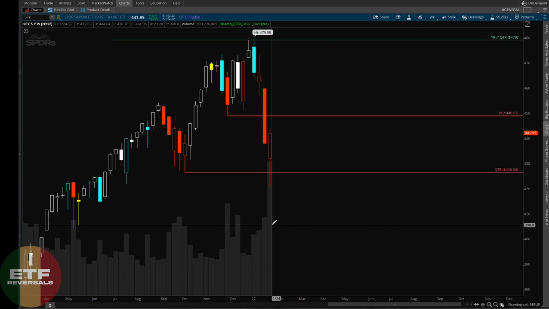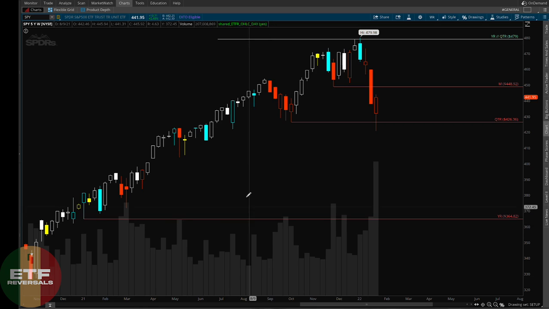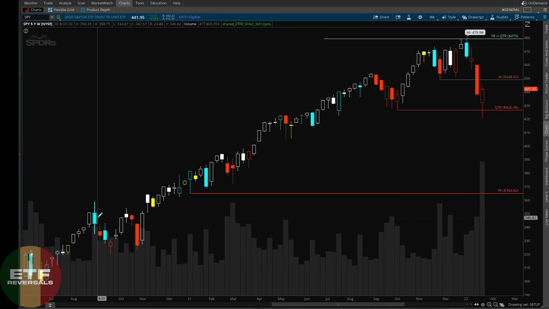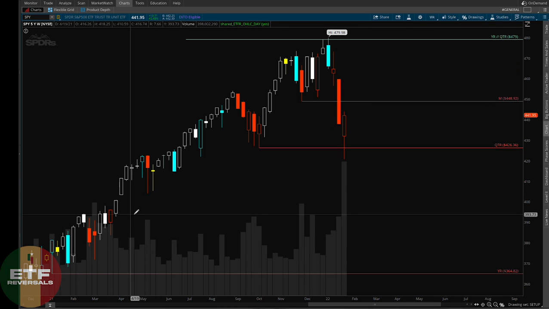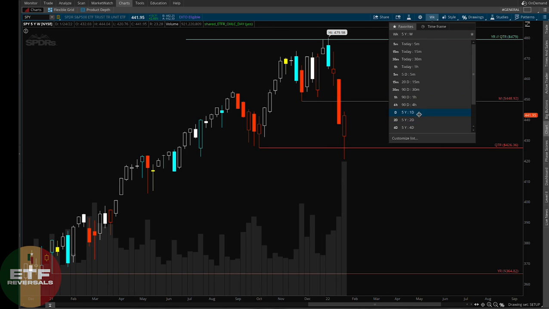So we're at 426 now, so we're not going to go super low in terms of memory. We're just going to stay above, within this year's quadrant. You can see something's happening around here. Well, we're going to skip to the 4-day.